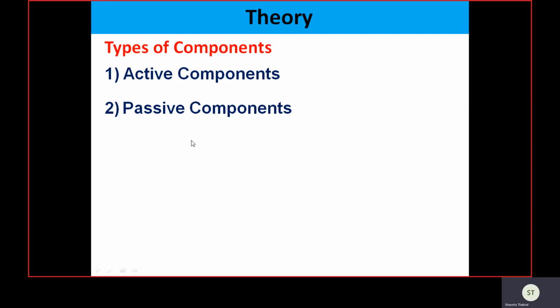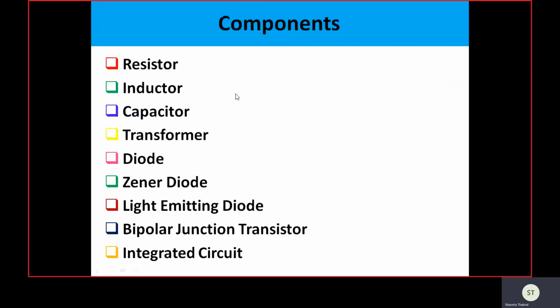So we are going to discuss some of the active and the passive components, and here is the list. We will discuss resistor, inductor, capacitor, transformer, diode, Zener diode, light emitting diode, bipolar junction transistor and the integrated circuit.